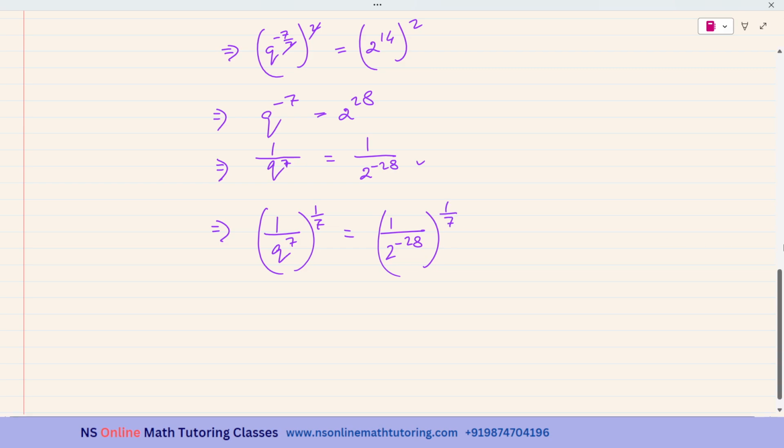So this is equal to 1 raised to the power of 1 over 7 is 1. And q to the power of 7 raised to the power of 1 over 7 is q. Okay. So this is 1 over q is equal to 2 to the power of 28 multiplied by 1 over 7, which is 2 to the power of 4.